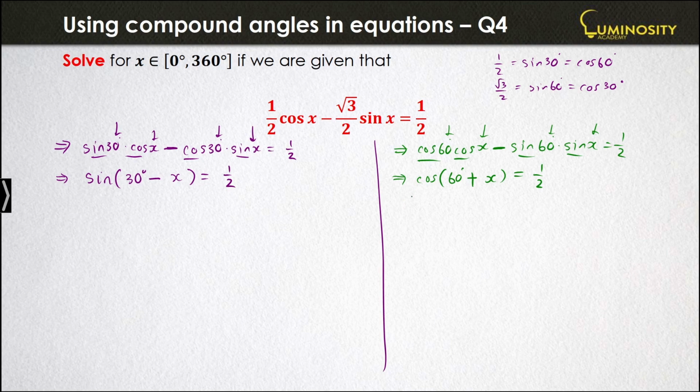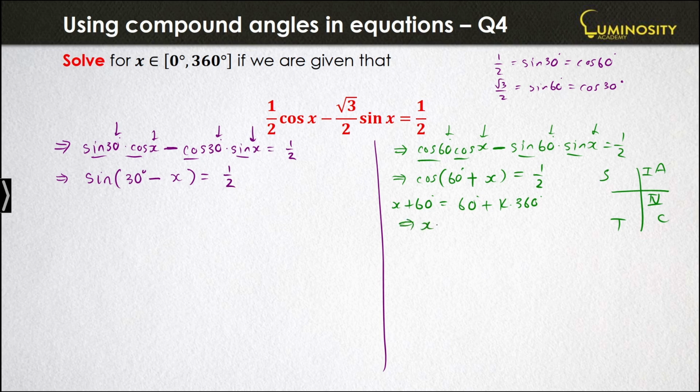Let's do the right-hand side first. On your cos diagram, where is cos positive? In the first and fourth quadrants. So x plus 60 degrees equals, for the first quadrant, the reference angle: cos inverse of a half is 60 degrees, plus k times 360 degrees.